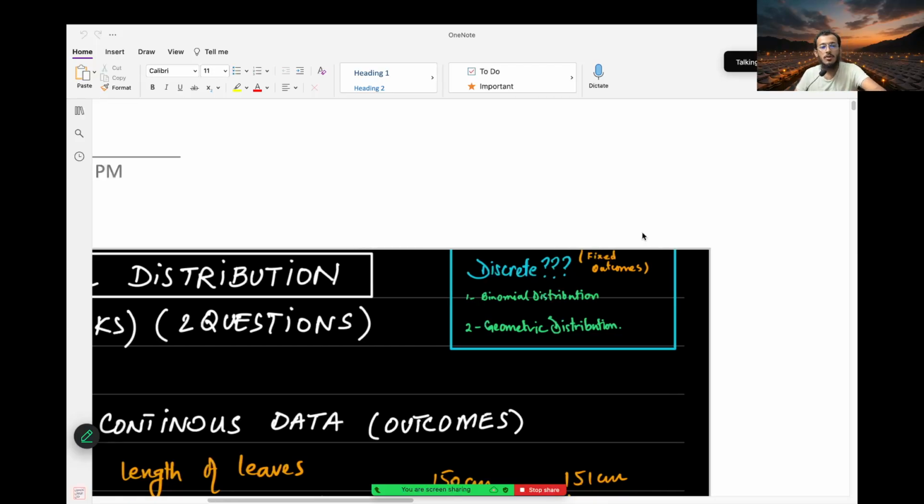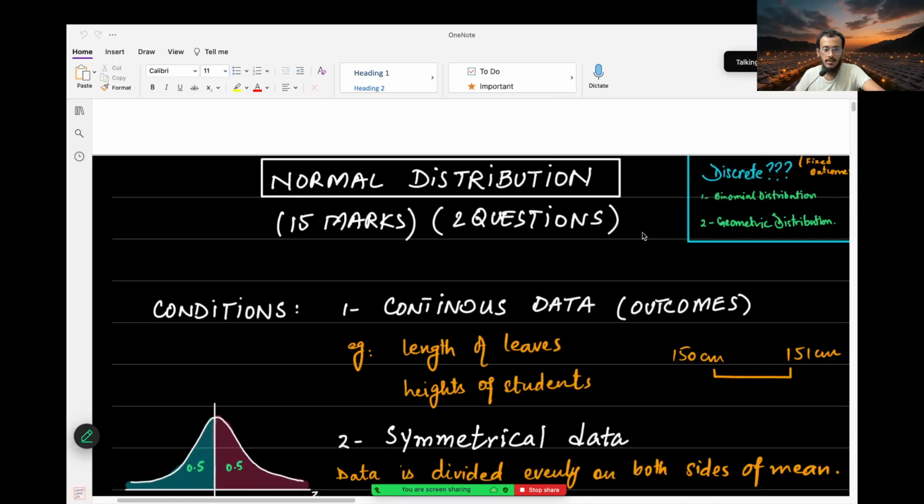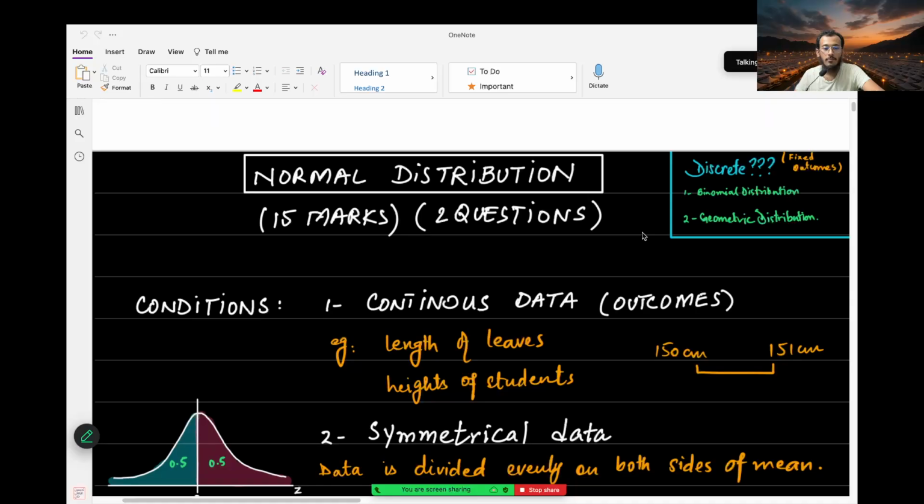But today what we are going to study is normal distribution, and it is continuous data, which means that there are infinite possibilities for which the data can have, okay? So the first condition for the normal distribution is that it should be continuous data, that is outcomes.